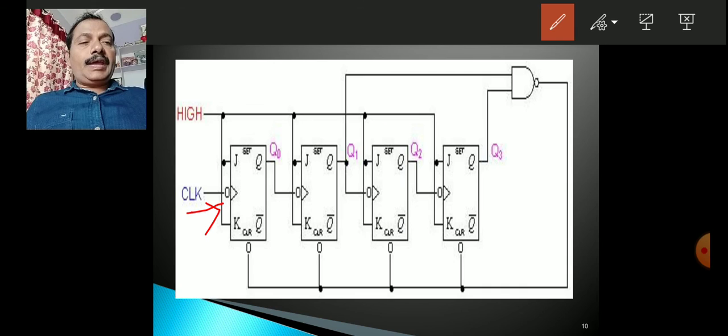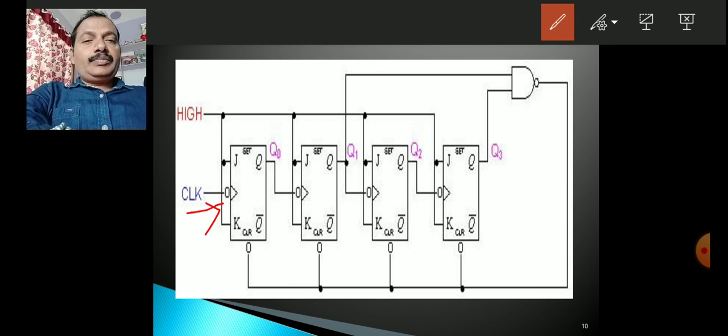All the flip-flops are negative edge triggered. The succeeding flip-flops take the outputs of the previous flip-flops as a clock signal: Q0 is the clock for FF1, Q1 is the clock for FF2, Q2 is the clock for FF3. Hence it is asynchronous.